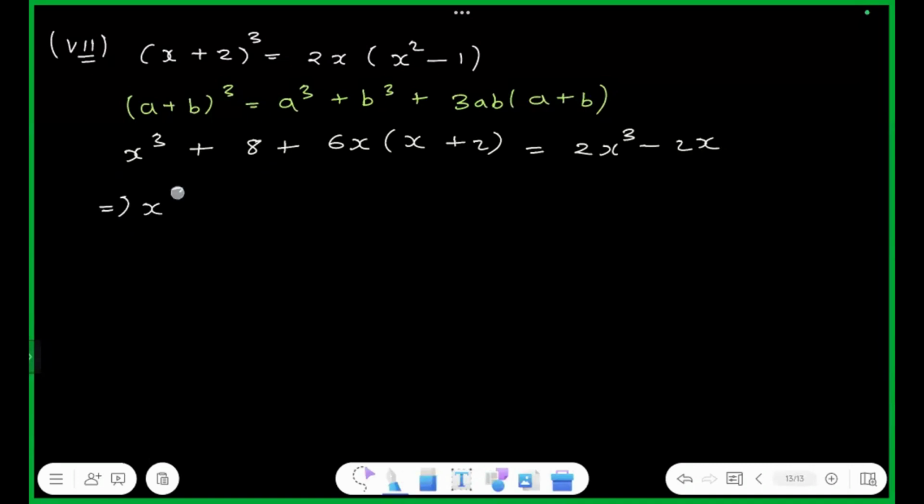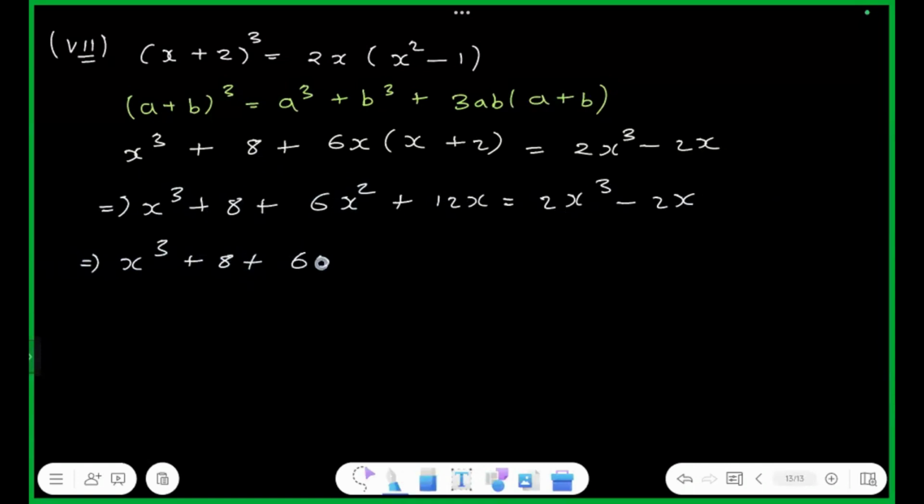Now here, x cube plus 8 plus 6x square plus 12x is equal to 2x cube minus 2x. Take everything to one side: x cube plus 8 plus 6x square plus 12x minus 2x cube plus 2x is equal to 0.